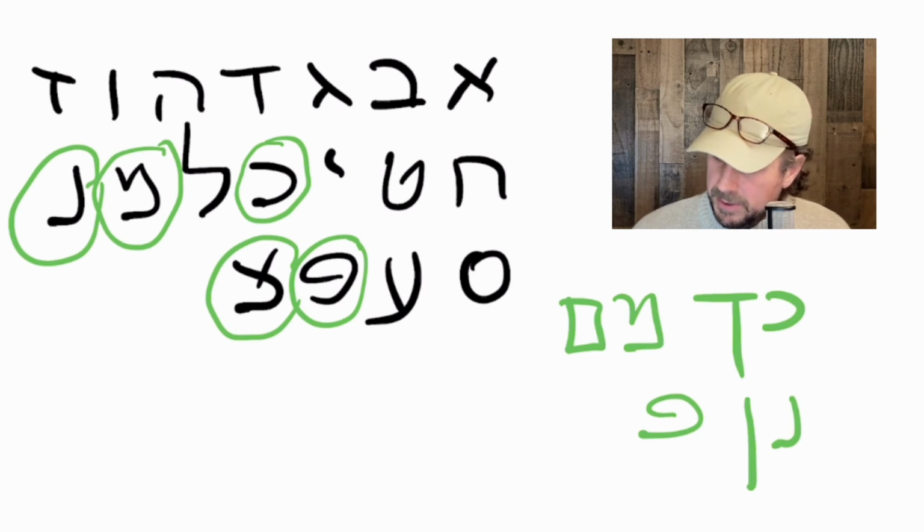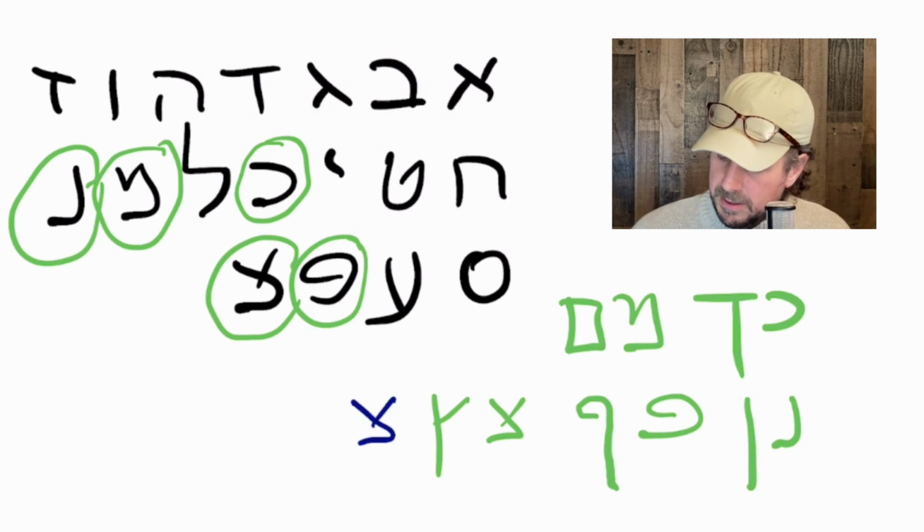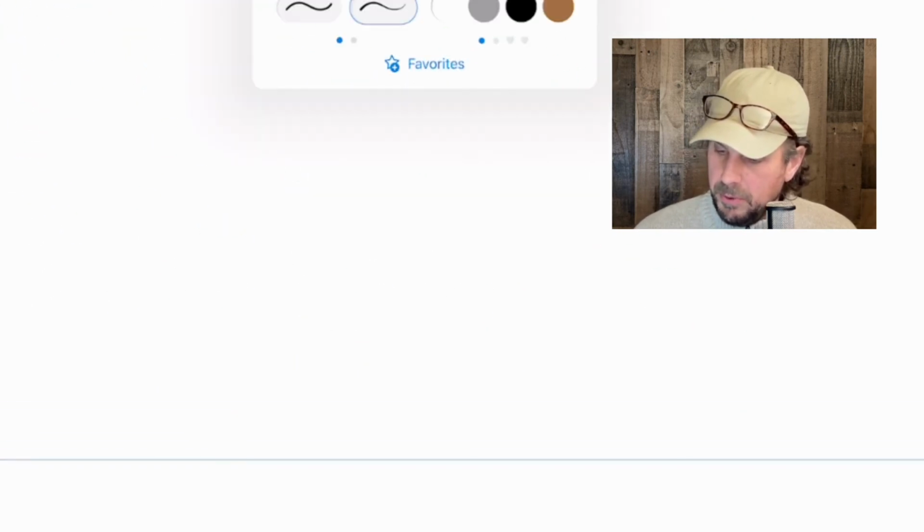Probably let's redo that one. I don't like that hook to touch so much. Pei, and then today, Tzaddi, Tzaddi Sofit. A couple more colors here. Tzaddi, Tzaddi Sofit. And the more you write these, the better your memory will be, the better your visual recognition will be.